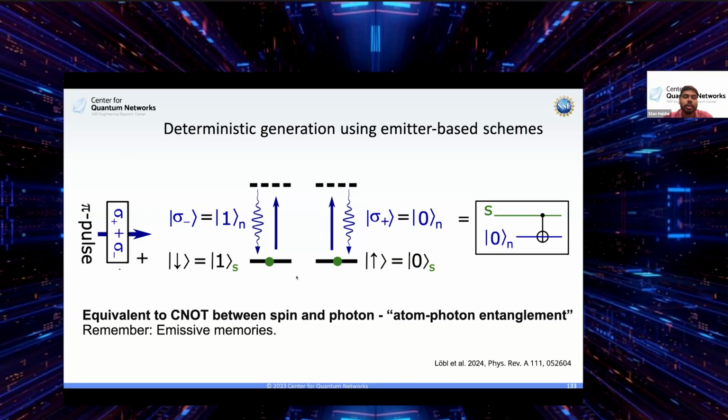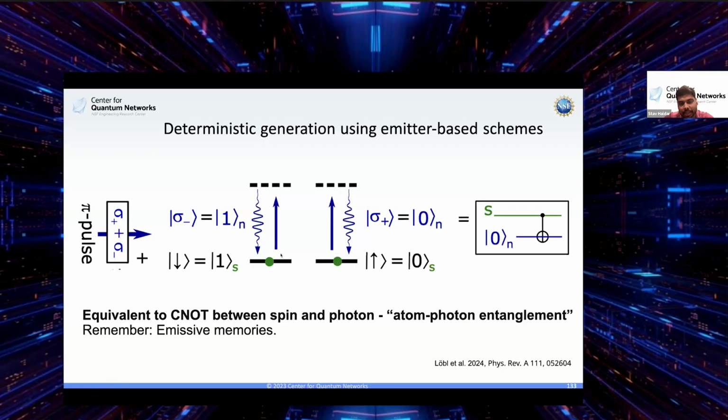So one of the schemes to do this is very similar to the emissive memories that we discussed earlier, that you have these two ground levels, the lower solid black lines, and you have these two excited levels that are the dotted lines. You send in a pi pulse, which is linearly polarized, so it has the left circular and the right circular polarization in equal parts.